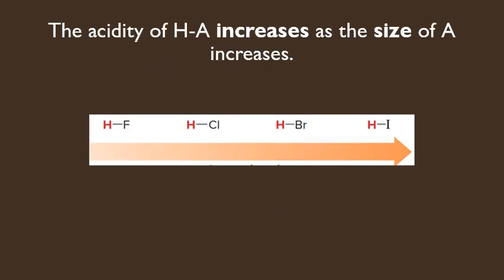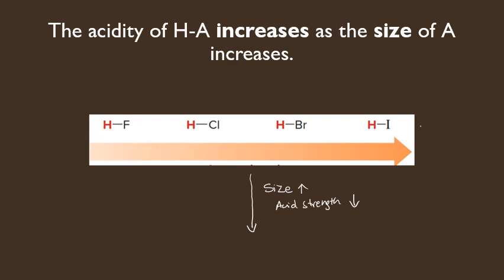And along a group, what happens? Along a group, when you move from top to bottom, we are going to explain in terms of the size, not in terms of electronegativity. So when the size increases, the acid strength increases. So from top to bottom, the acid strength increases.